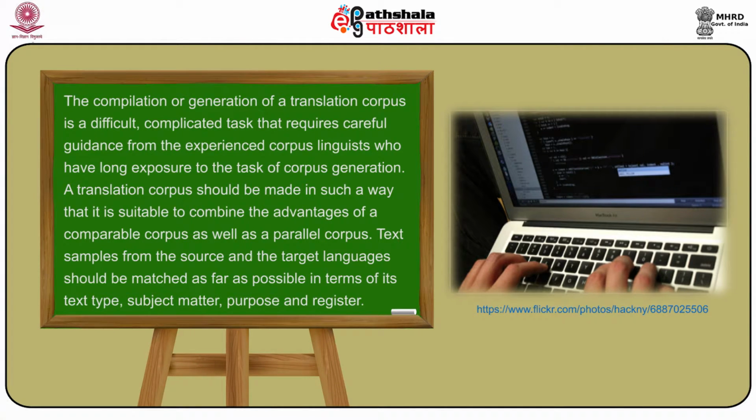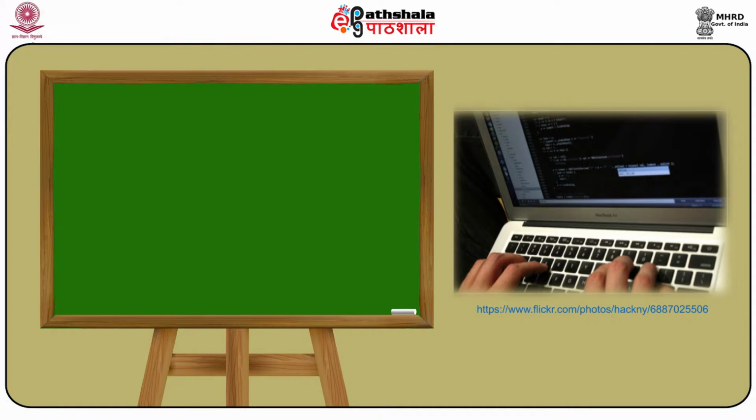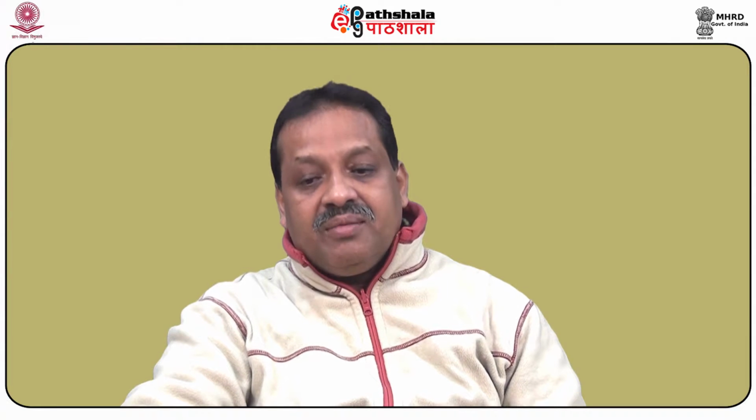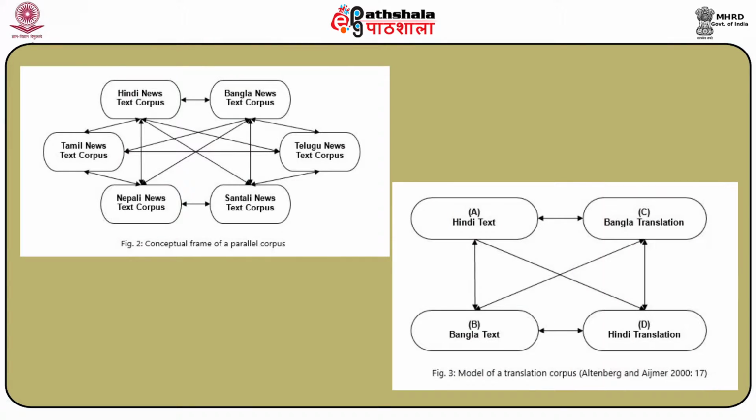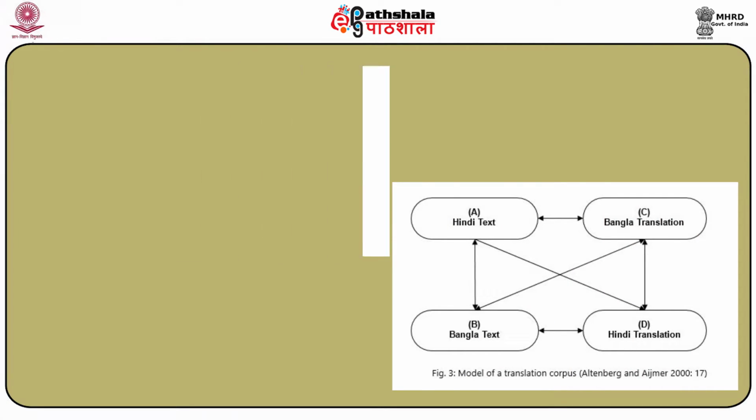Text samples from the source and the target languages should be matched as far as possible in terms of text type, subject matter, purpose, and register. The structure of a translation corpus may be envisaged if we keep in mind that those two languages are similar in content, text type, and register variables. We will be providing some tree diagrams or images to show how a parallel corpus may be generated.